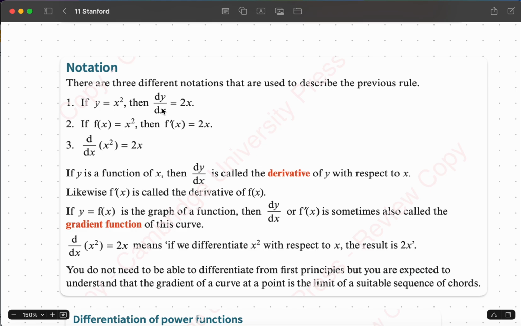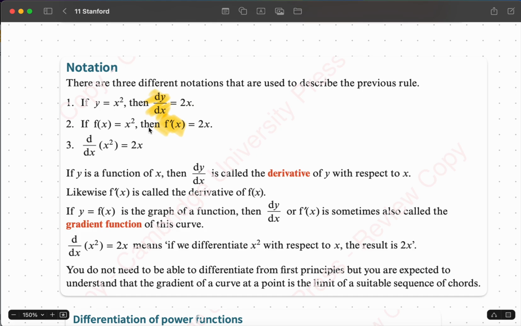And the second one: if f(x) equals x squared, then f prime x is equal to 2x. This is the second notation of differentiation.